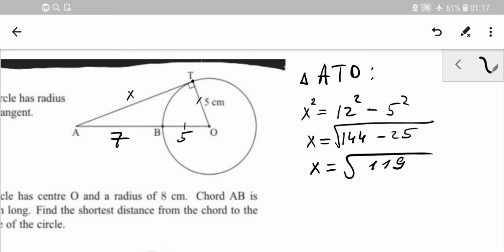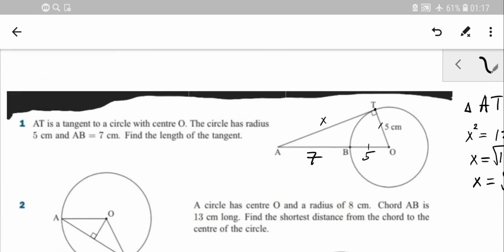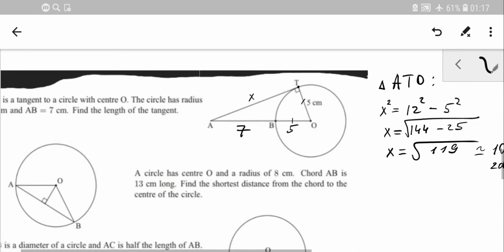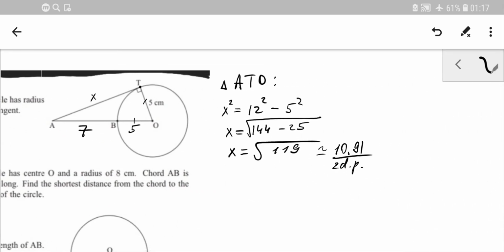Let's see the value after the square root. It's approximately 10.91 to 2 decimal places. We're not specifying, but keep in mind that rounding to 2 dp will give you 10.91.